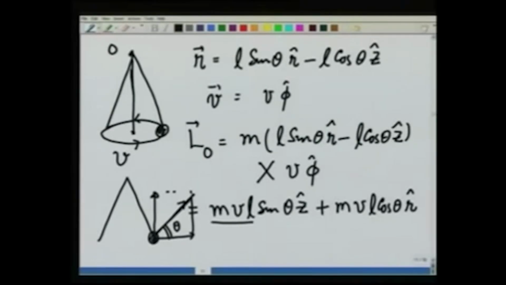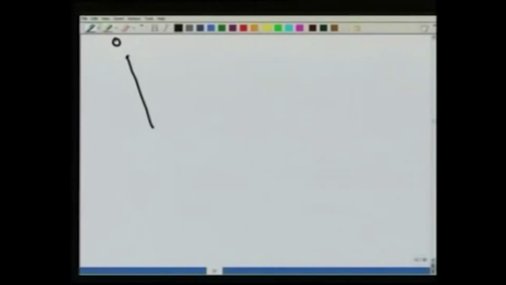This magnitude is m v L, and this angle is 90 degrees. When you work it out, you will see, after all, this is r cross v, so it has to be perpendicular to r, and then from these components you see this is the angular momentum. So, what we have learned by calculating angular momentum about this point O for this bob is that it is perpendicular to this, and its magnitude is m v L. It has a component in this direction and a component in this direction.